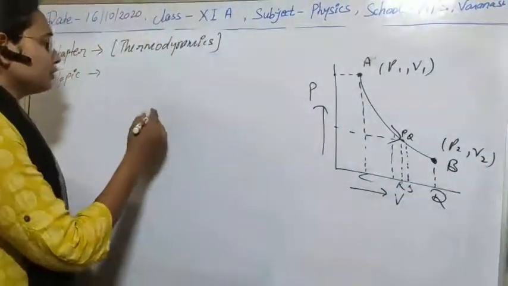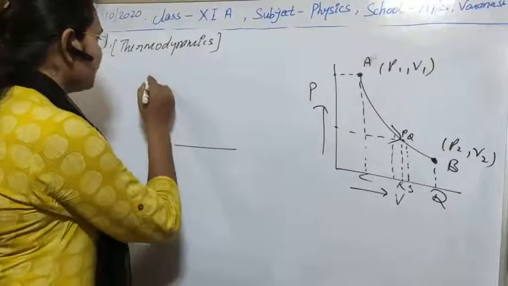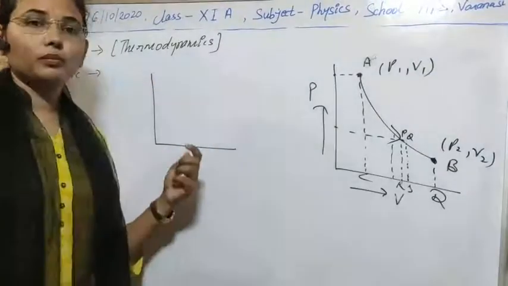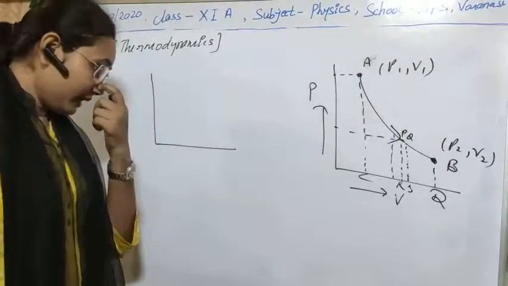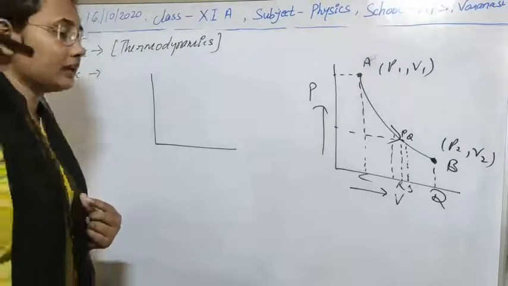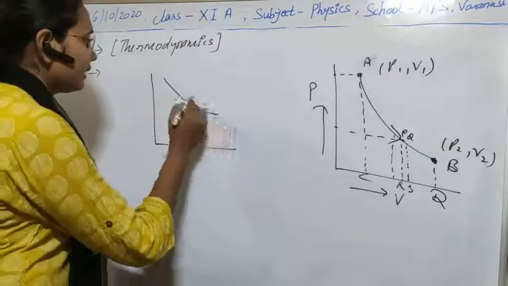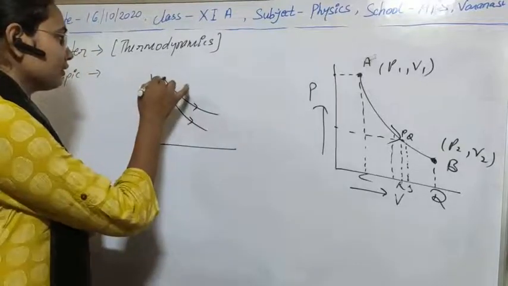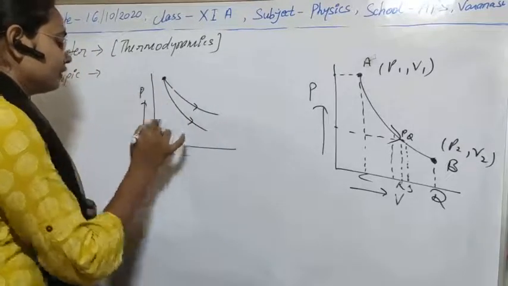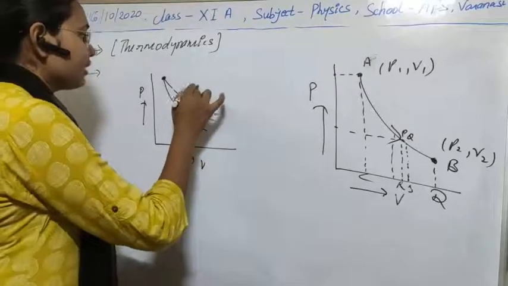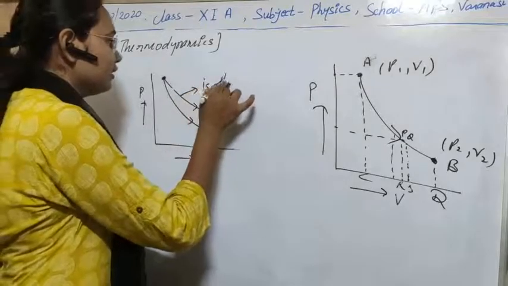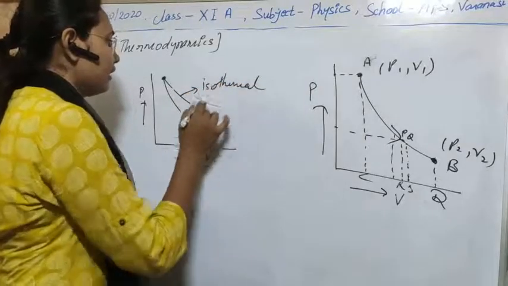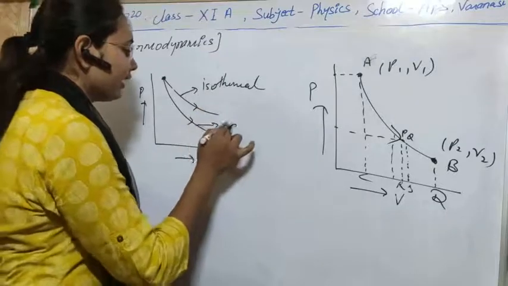As I told you, the isothermal and adiabatic curves and their slopes in the case of expansion and compression. In the case of expansion, we have seen that this is the curve for isothermal and this was the curve for adiabatic.